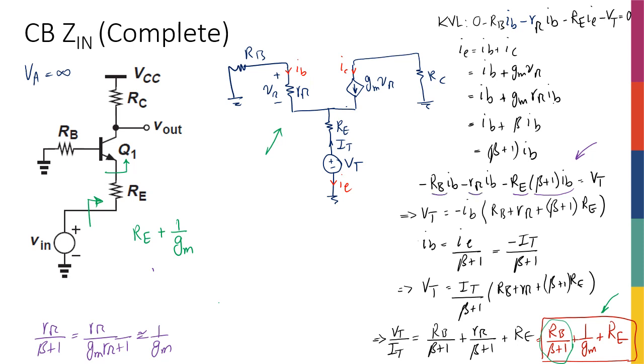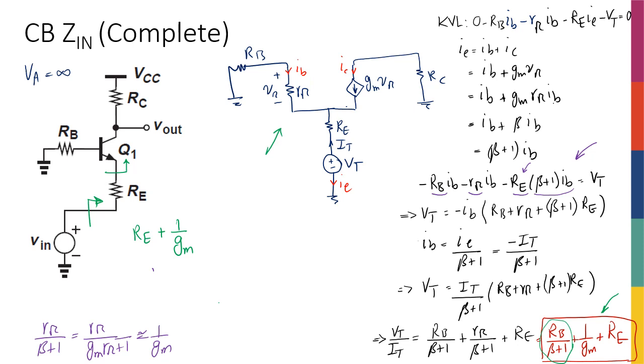So it only makes sense that if I want to call all these resistors in series and just add them up using an algebraic sum, I have to see this resistor beta plus 1 times bigger. Why? Because when I say two resistors are in series, I have to make sure that they have the same current, right?